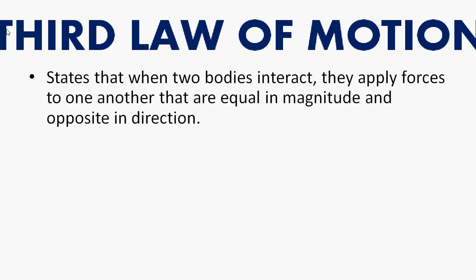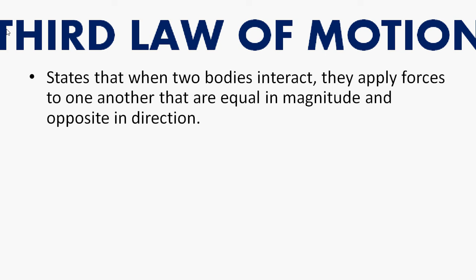Now let us see the third law of motion. It is also known as the action-reaction law. We have often heard that to every action there is an equal and opposite reaction. So let us see what it states. It states that when two bodies interact, they apply forces to one another that are equal in magnitude and opposite in direction.